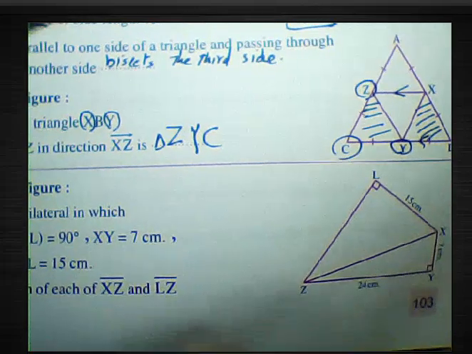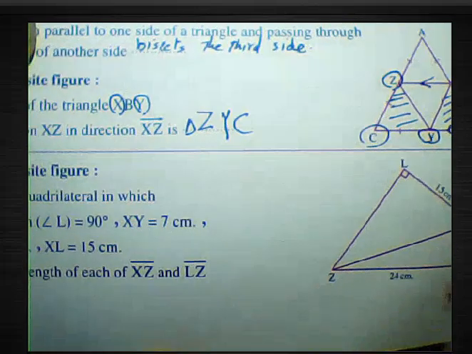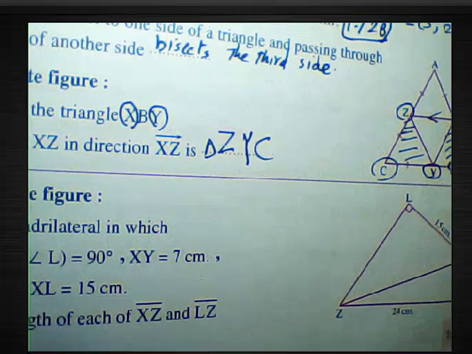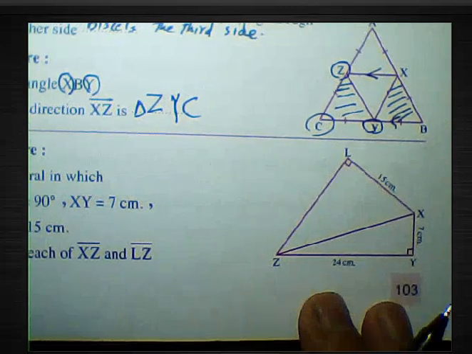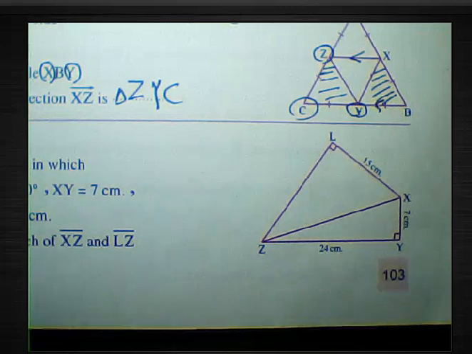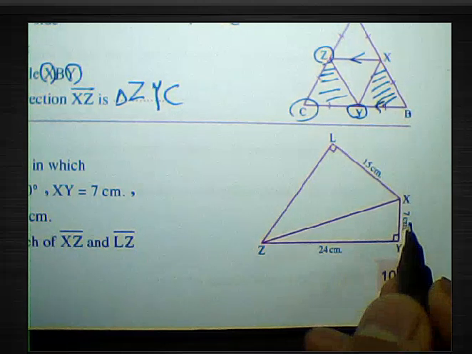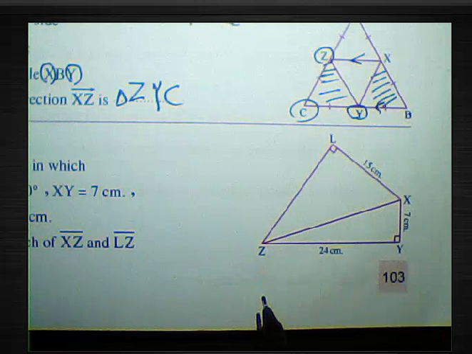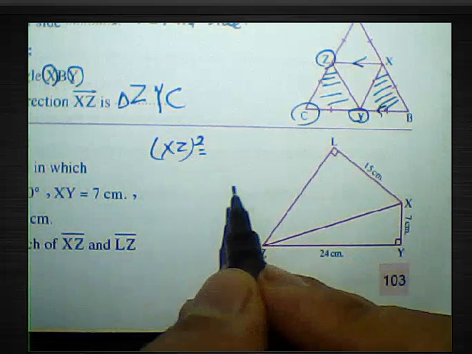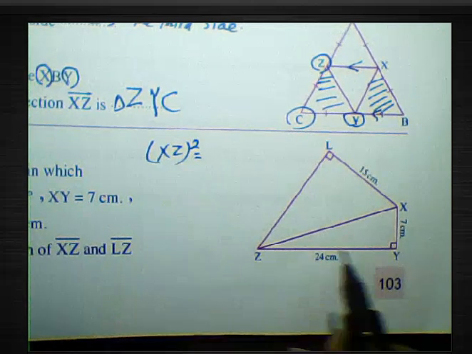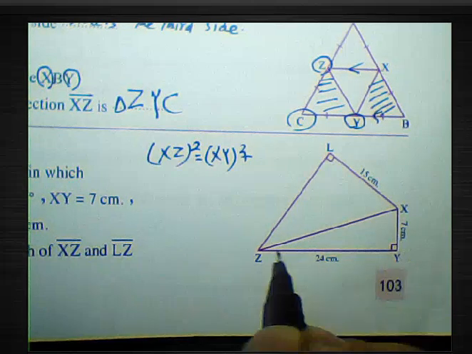Look at another question here. It asks about the length of XZ. You can find the length of XZ from this triangle. XZ power 2 equals XY power 2 plus YZ power 2.